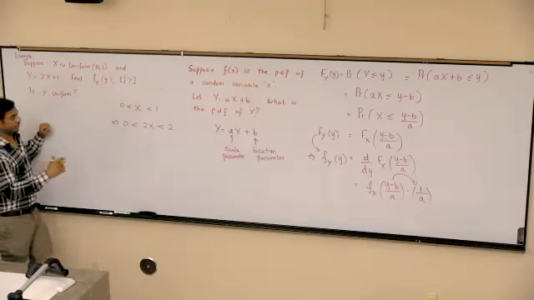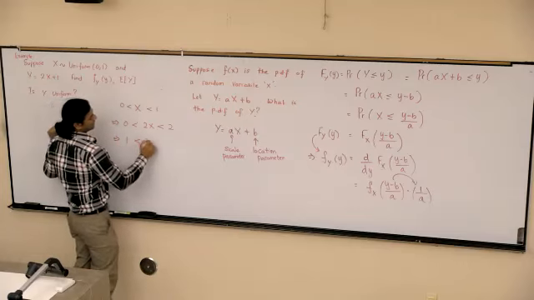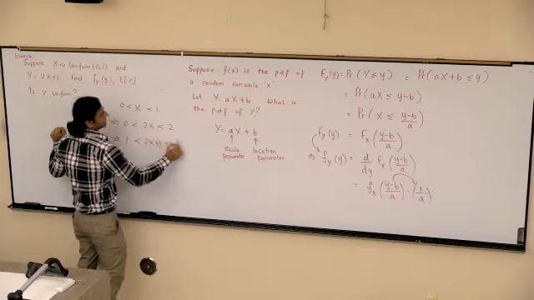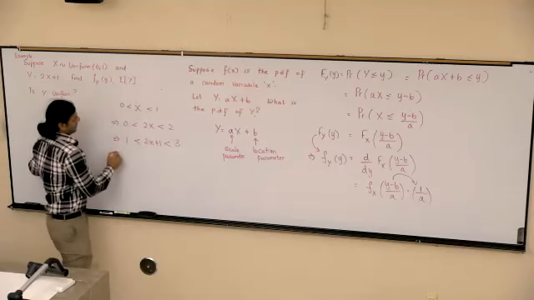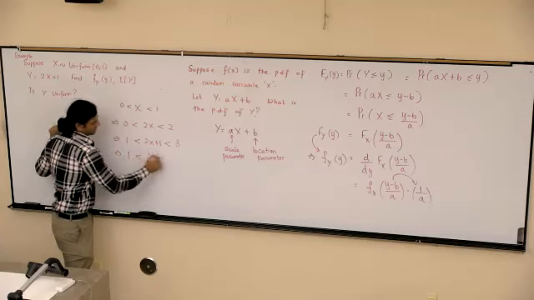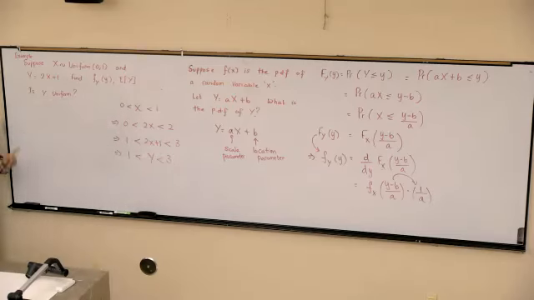Add 1 on both sides: 1 less than 2x plus 1 less than 3. Yes? So 1 is less than y, less than 3. So the support of Y happens to be (1, 3). Great.